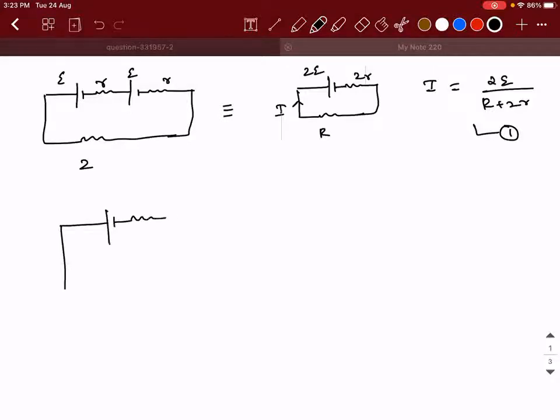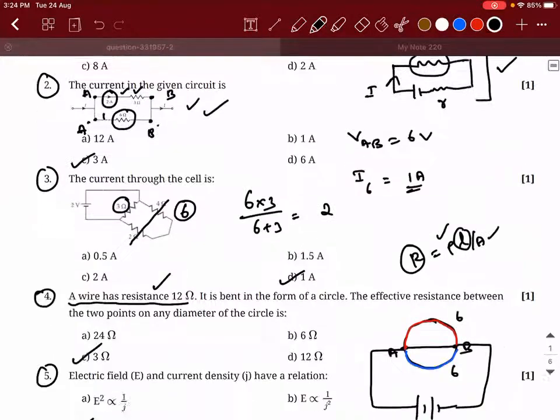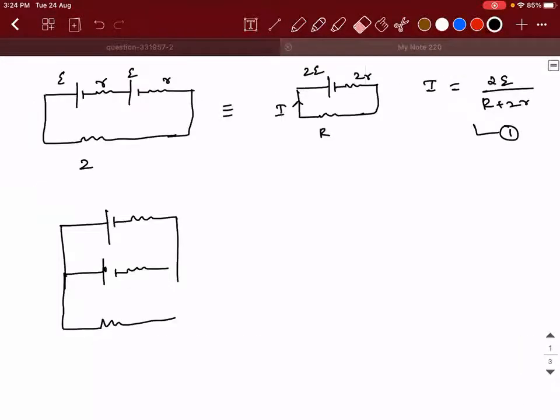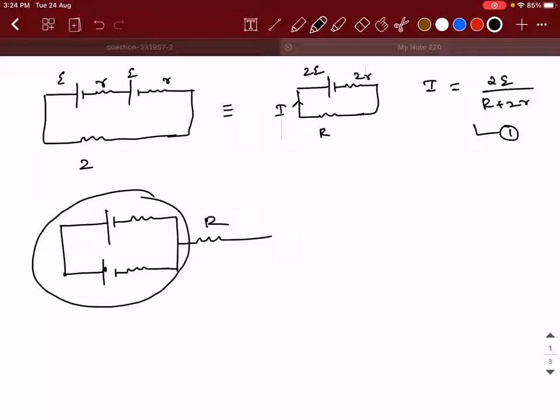If the cells are connected in parallel across a resistor capital R, what is going to be the equivalent EMF? What is the formula, guys? E equivalent divided by R equivalent is equal to E1 by R1 plus E2 by R2.